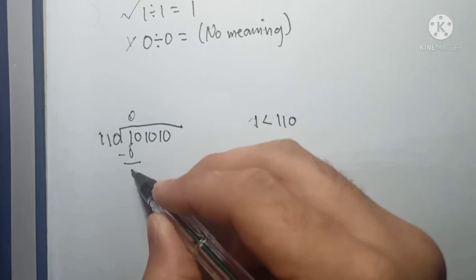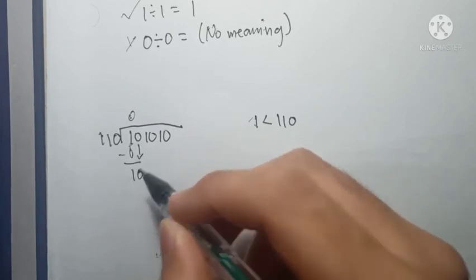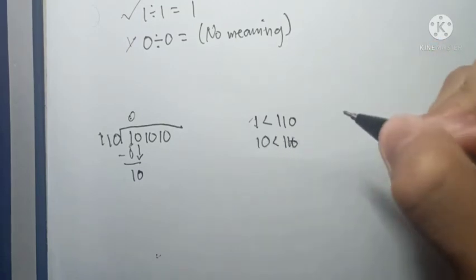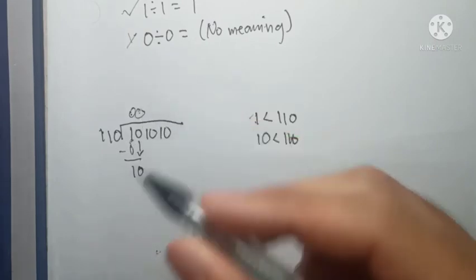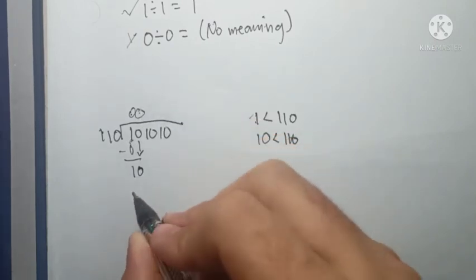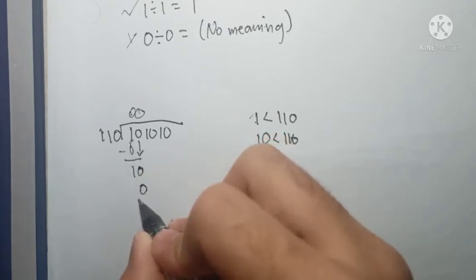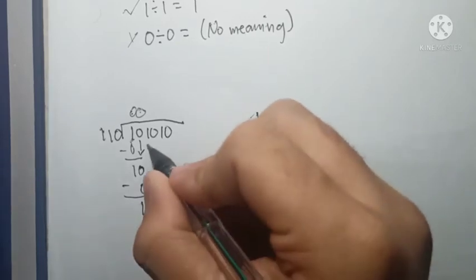So subtract, we will have remainder 1. Bring down 0. 10 is still less than 110, so we will still have the quotient as 0. 0 times 110 equals 0. Subtract, and remainder 10.